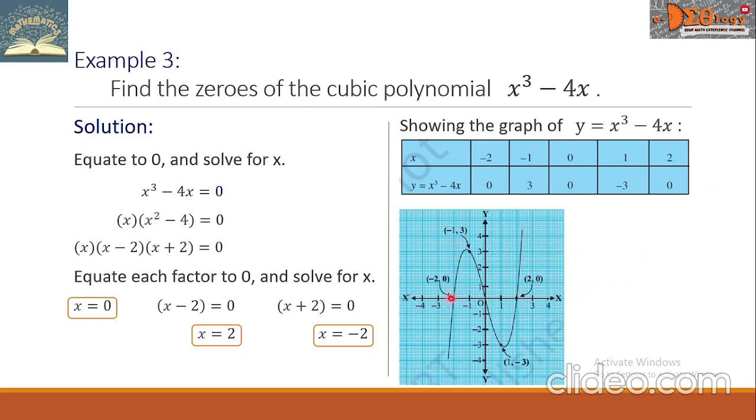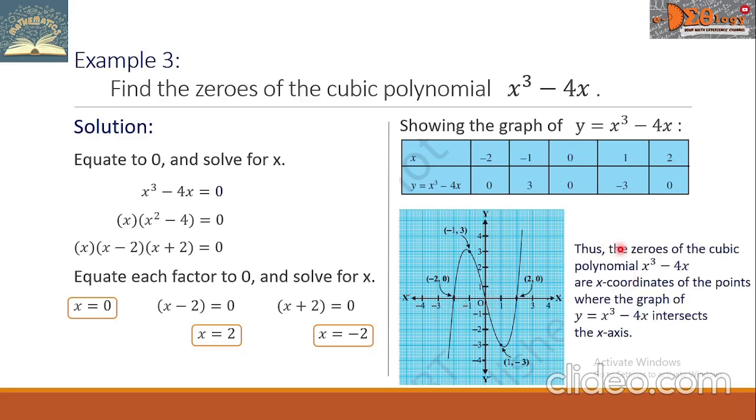The graph intersects the x-axis at 3 points, namely when x equals 2, when x equals 0, when x equals negative 2. Thus, the zeros of the cubic polynomial x cubed minus 4x are the x-coordinates of the points where the graph of y equals x cubed minus 4x intersects the x-axis.